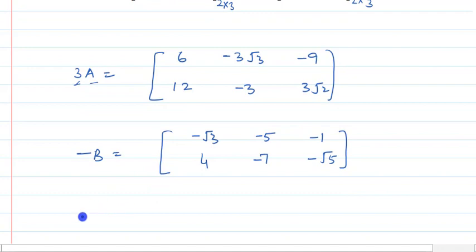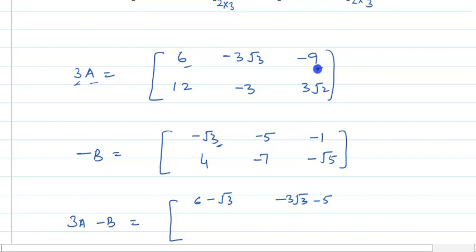So by adding these two we are getting 3A minus B equal to, now in addition we need to add corresponding elements. Therefore the first element 6 is added with the corresponding element of minus B, that is we are getting 6 minus 3. Next we are getting minus 3 root 3 minus 5.